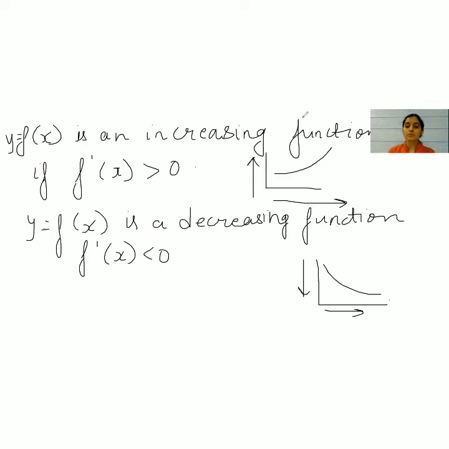If I choose x1 and x2 in small intervals, then f of x1 is less than f of x2 in this case, right? So the second function is greater than the first. Here, when I choose x1 and x2, the first function is greater than the second. That is why it is called a decreasing function. Always remember the graph, how it flows.